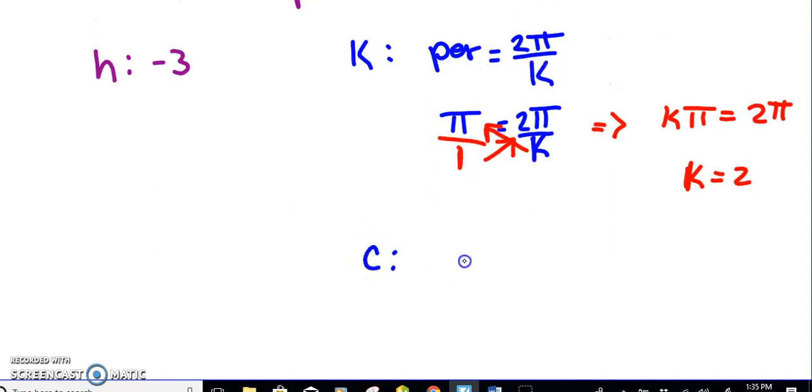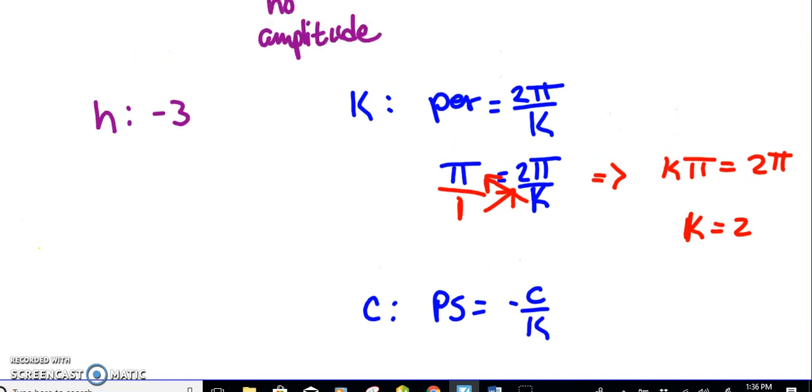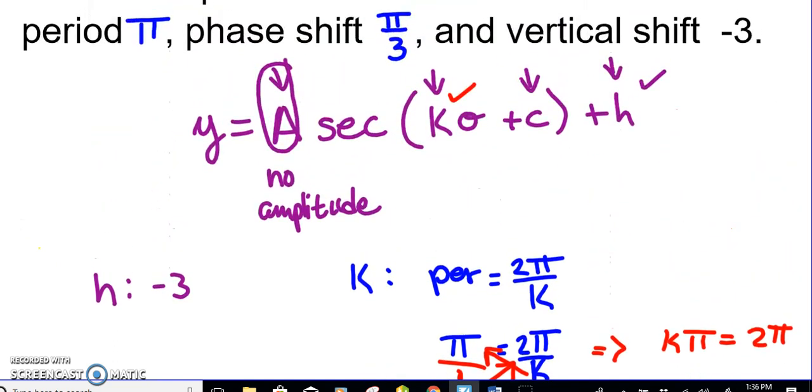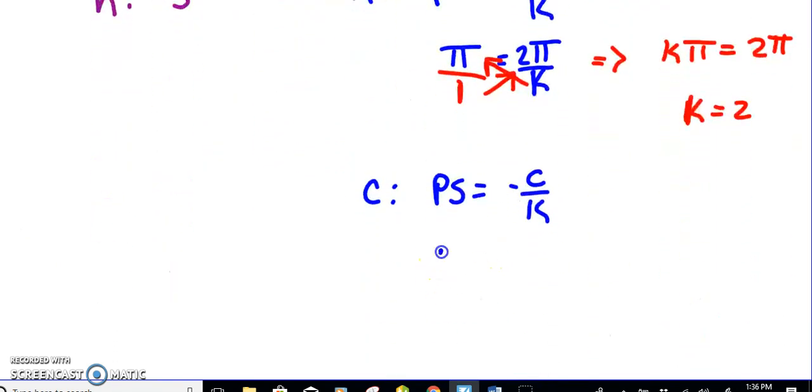Phase shift equals negative C over K. Our phase shift is pi over 3, so we put that here. We don't know what C is yet, but we know K because we just found it.